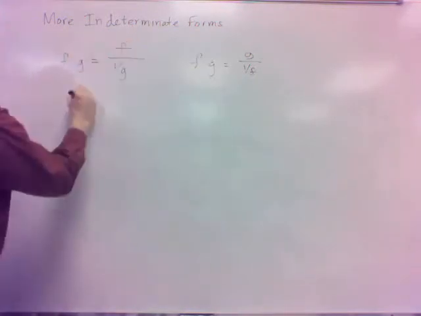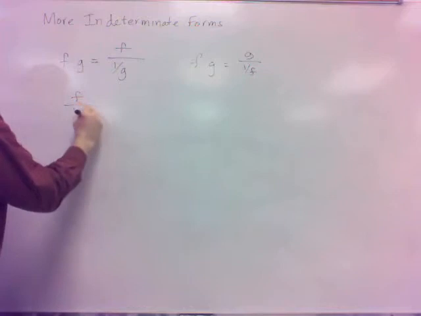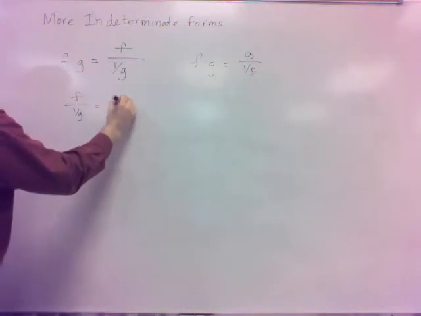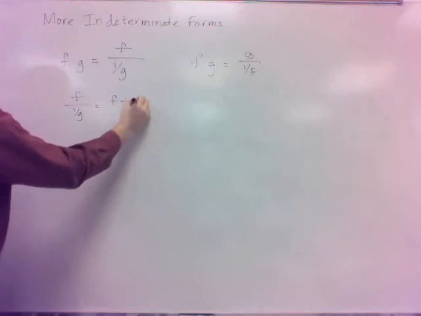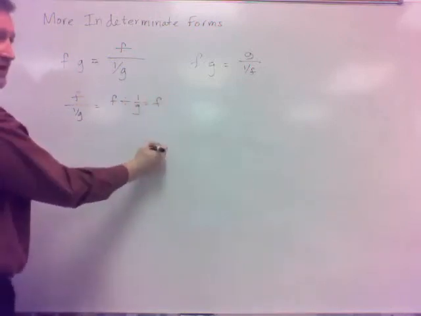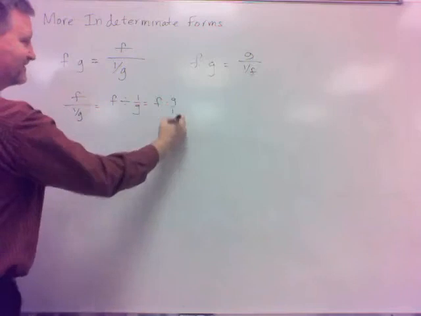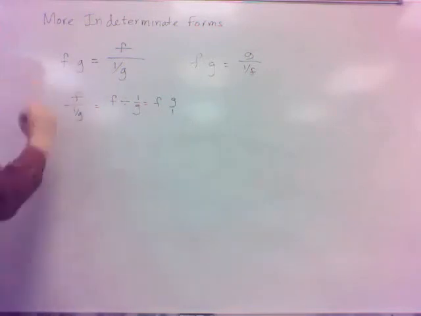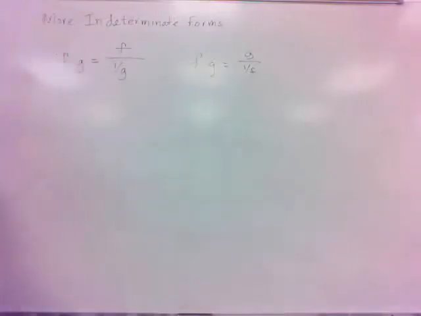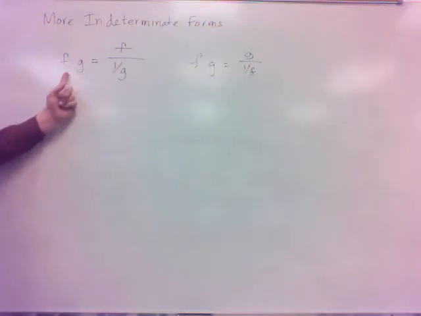Now, just to establish that, to see that those are equivalent, f divided by 1 over g is f times what? Which is f times g. Okay, so it is true. Those are equivalent. Now, the question becomes, why would you do such a thing? Change this normal looking thing to something much more complex. Well, I'll show you why.